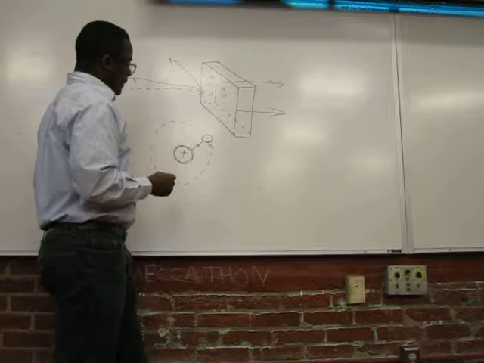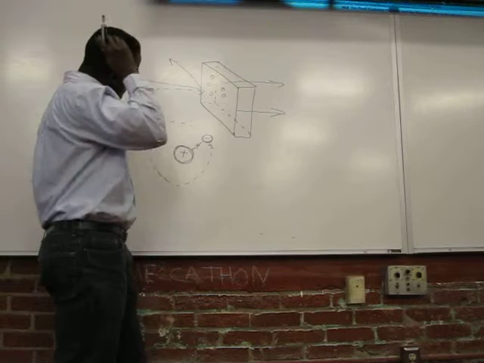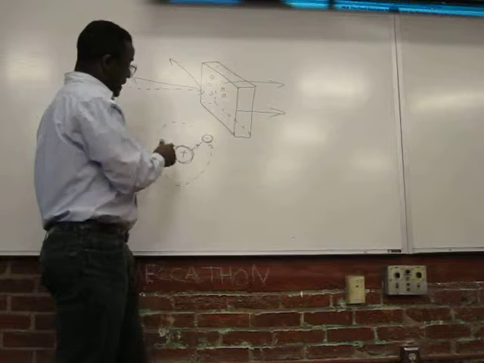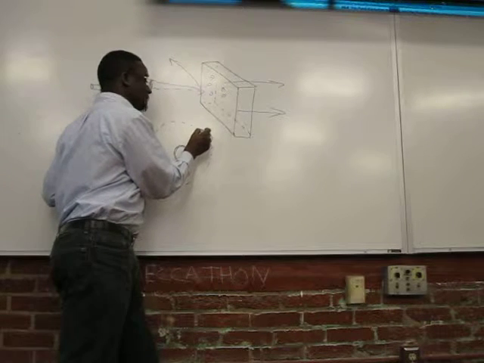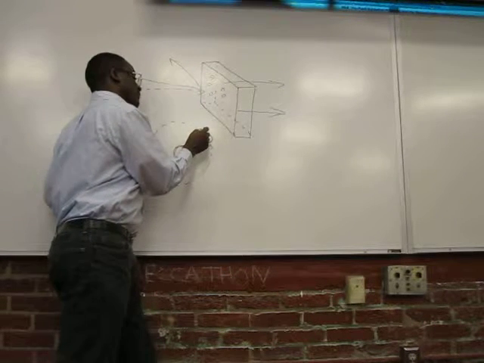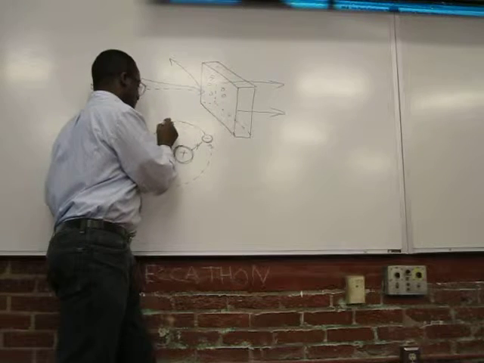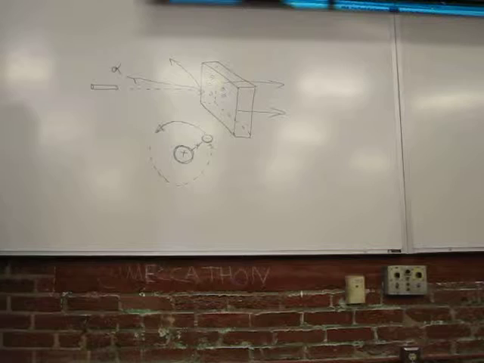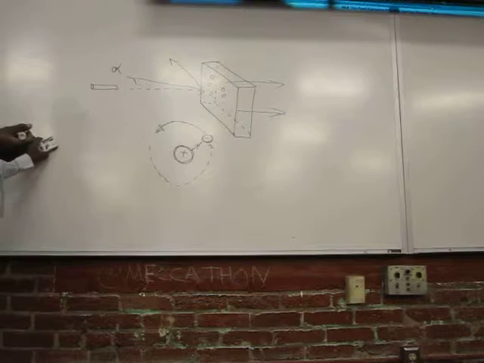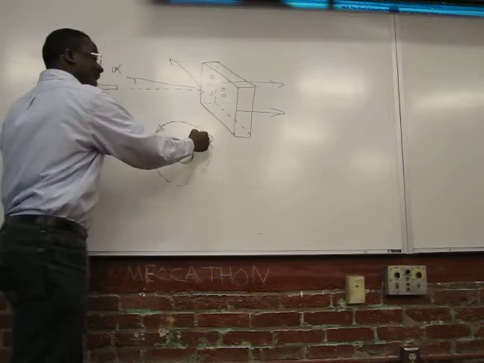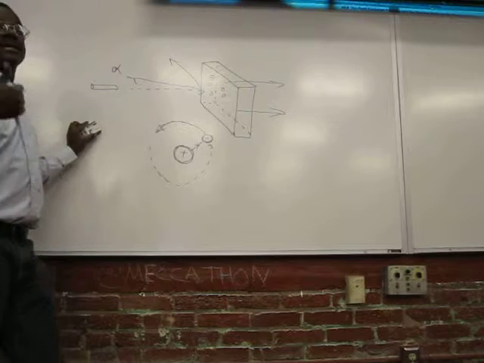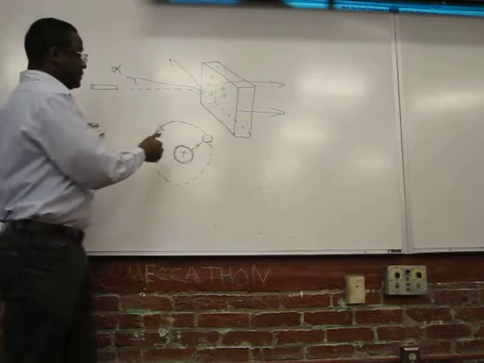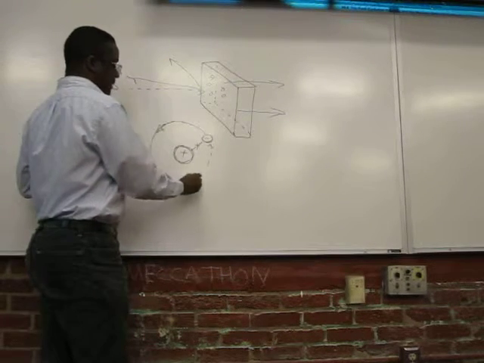Okay, but there was still something not right about this model, because what they knew at the time was that when electrons accelerate, they radiate energy. They give off energy. So if they're giving off energy, that means that their velocity has to be decreasing, because they're losing kinetic energy. So if they're losing kinetic energy, they shouldn't be orbiting in a circle.